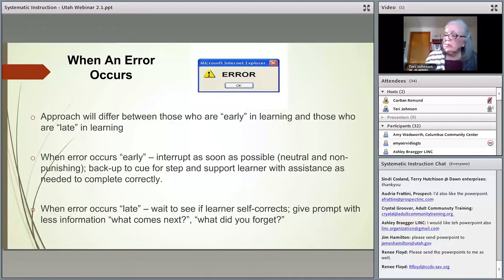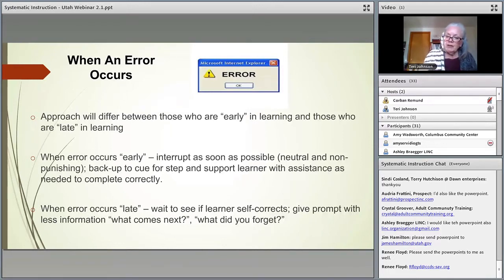When an error occurs late in someone's learning, and by definition I'm looking at someone who's chaining together steps, I'm fading back, I'm not having to be as close in proximity, and yet I see an error happening or about to happen. In some cases in that scenario, I would let the error happen, if I believe that it's not going to be job loss time or damaging property time, because for some people, you learn from the consequence of making that error.